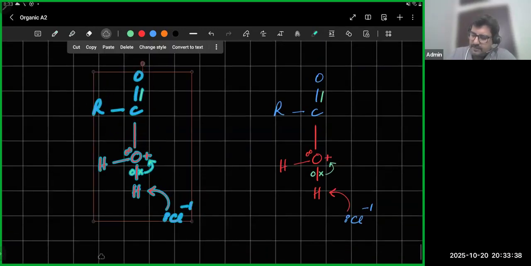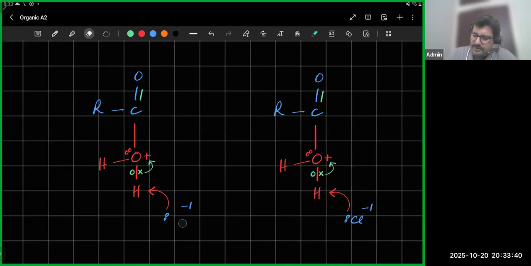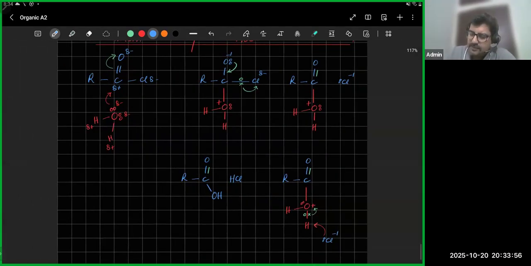So the Cl has taken the H and has now become HCl, and over here you have OH, which is now a carboxylic acid. So that's your entire mechanism.